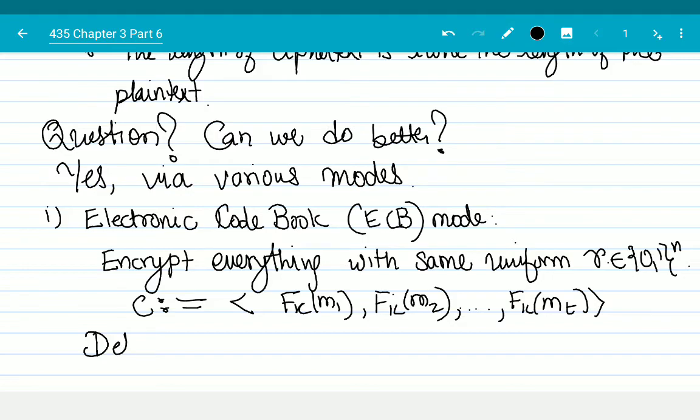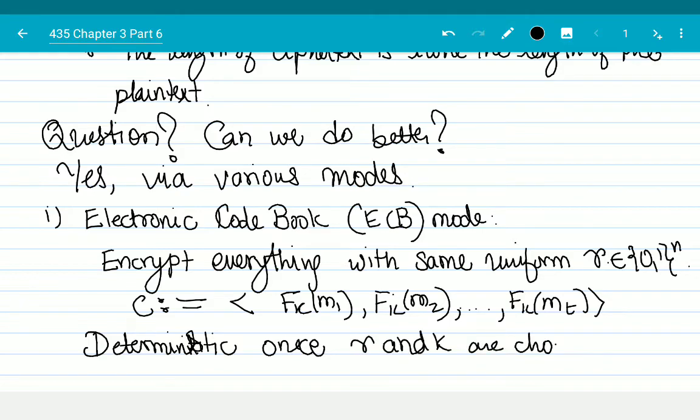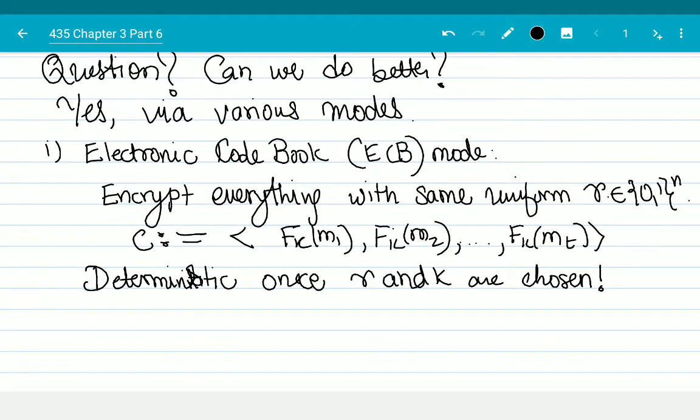This is deterministic once r and k are chosen, which means this is not CPA secure.